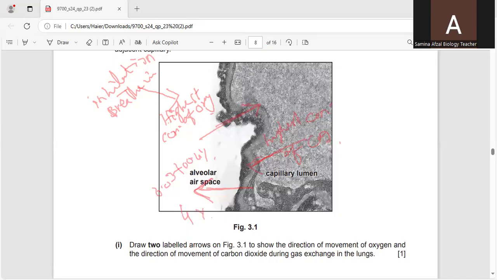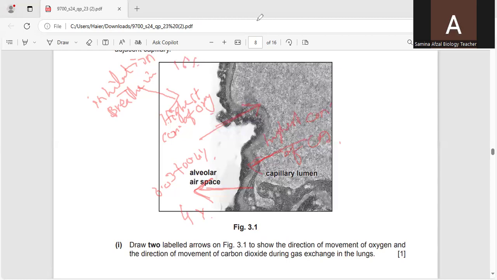Likewise, 16% of oxygen is entering into the body. And in this way, I would like to say that the high concentration of oxygen is there in the alveolar space, so the arrows will be in this direction.